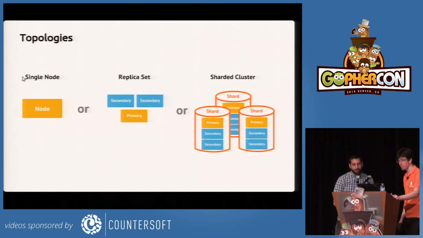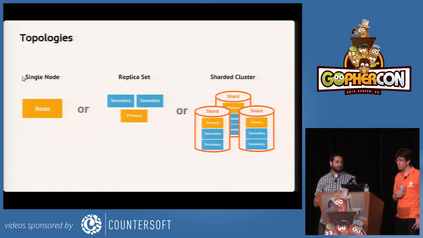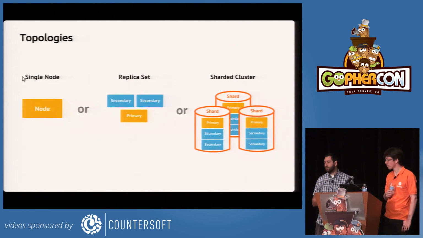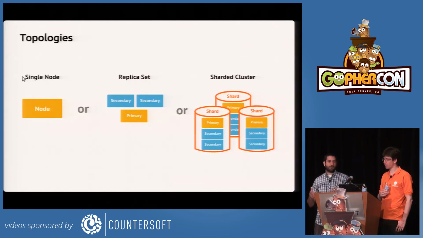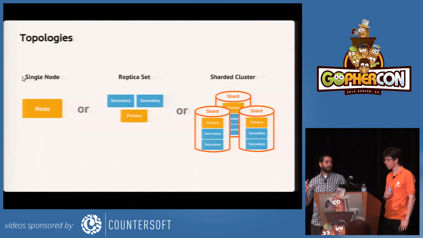Okay, so as Gustavo talked about earlier, one of the great features of the dial method is that it doesn't matter what's behind it. You can have a single node, a replica set, which is analogous to SQL replication, but with a little more intelligence around it.